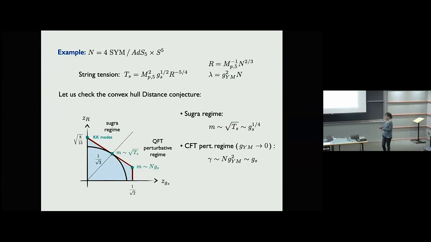It's better to think of the CFT dual description, and according to the CFT, the anomalous dimension behaves this way. So if you extrapolate to what this would correspond to for the mass of the string modes, you can compute that they should be here, which is precisely continuing this perfect straight line, so that you satisfy this convex hull distance conjecture. So the CFT is saving the story as usual. And then you get this value.